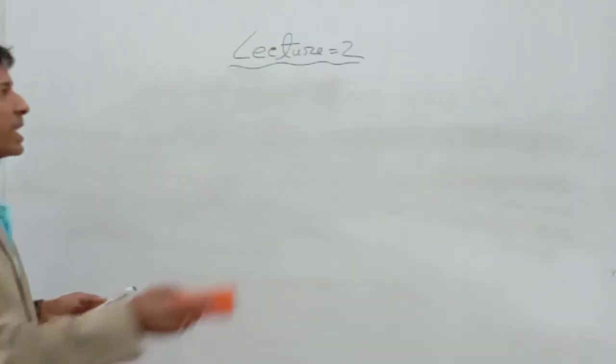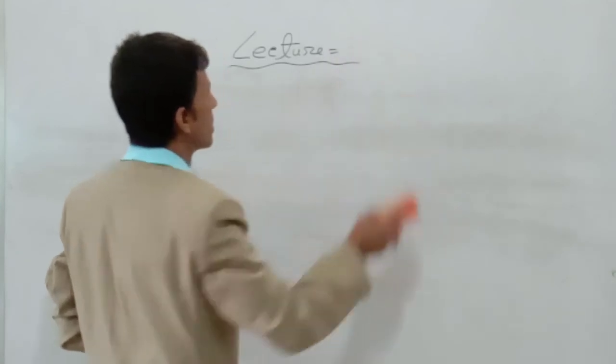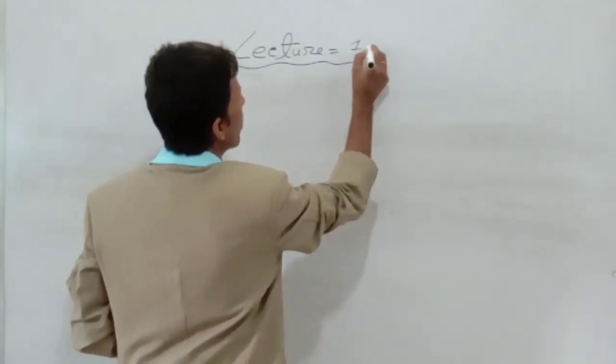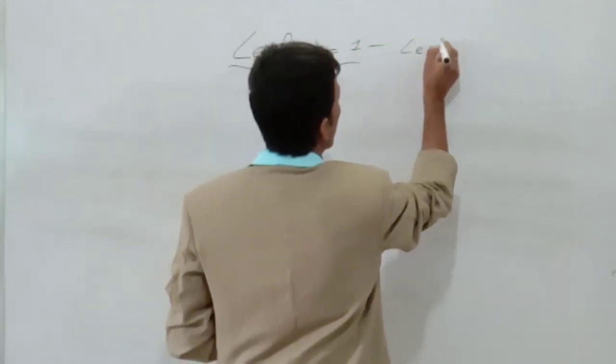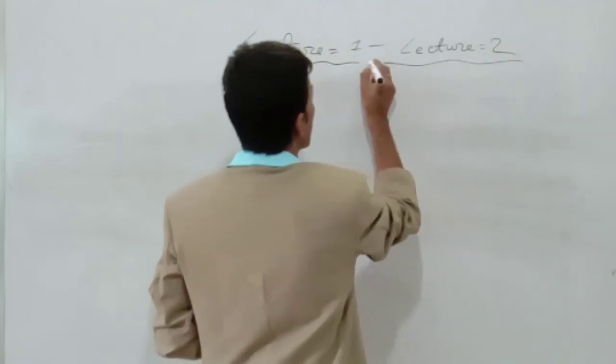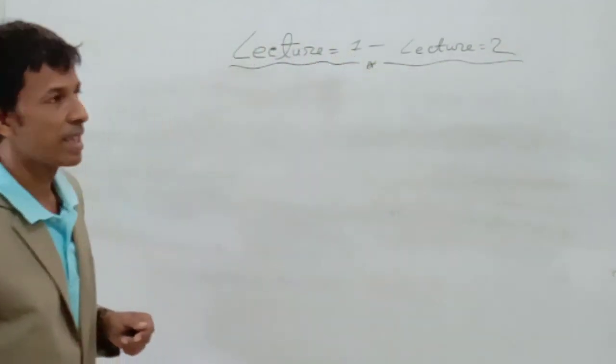Now make a revision from lecture 1 to lecture 2. In my previous class, I have already mentioned three types of sentences: affirmative, negative and interrogative sentences.